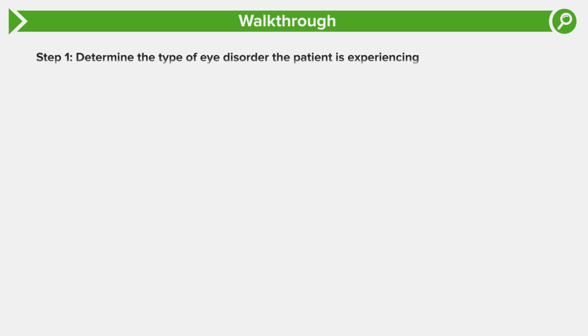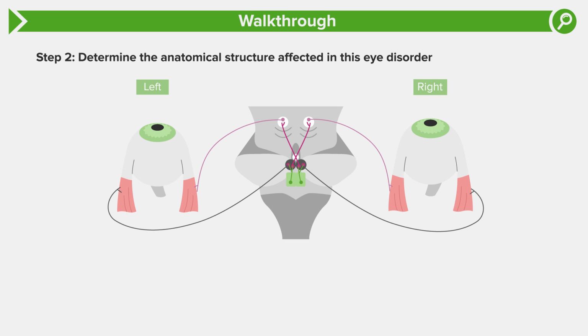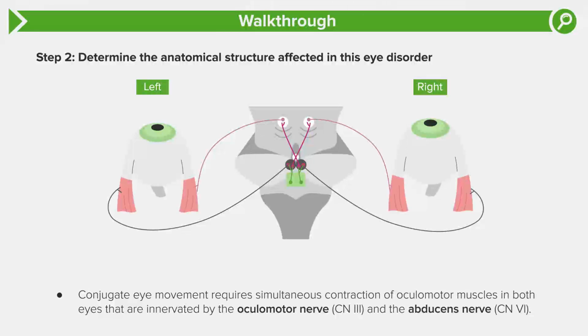Now, once we figure that out, we need to go one step deeper to determine the anatomical structure that's affected in this eye disorder, or as we call it in neurology, we need to localize the lesion. Conjugate eye movements require simultaneous contraction of the oculomotor muscles in both eyes that are innervated by the oculomotor nerve, cranial nerve 3, and also the abducens nerve, cranial nerve 6.